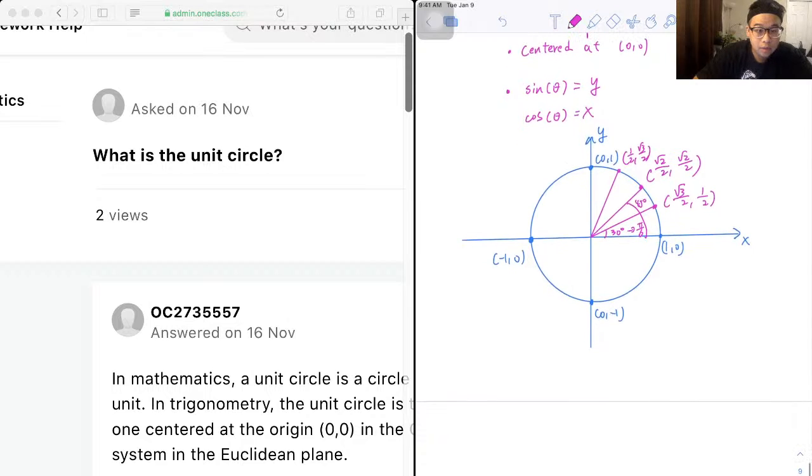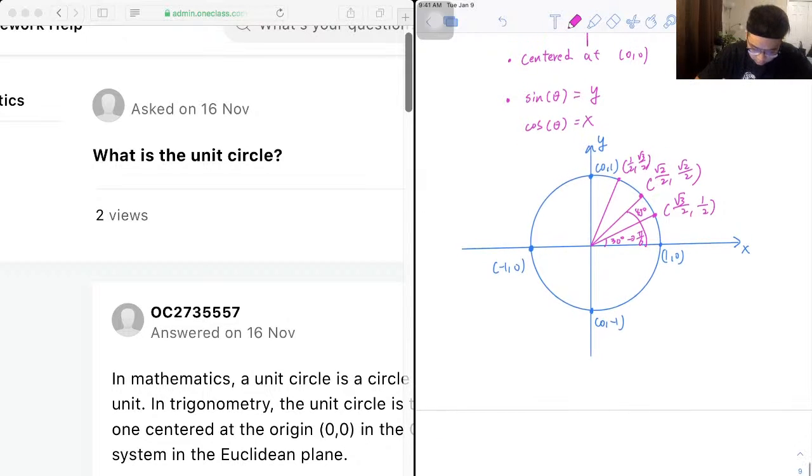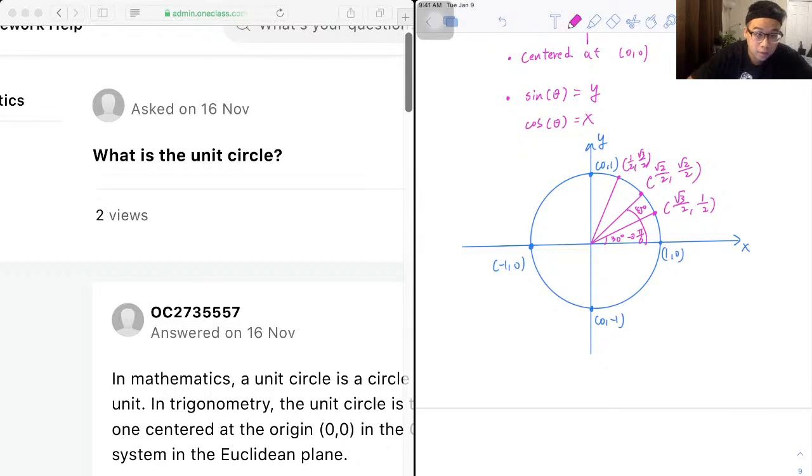Okay, so let's go to the second quadrant. Let's say we got 120 degrees. Oops. So that's going to be 2 pi over 3. And at this point, the coordinate is negative 1 over 2, root 3 over 2.